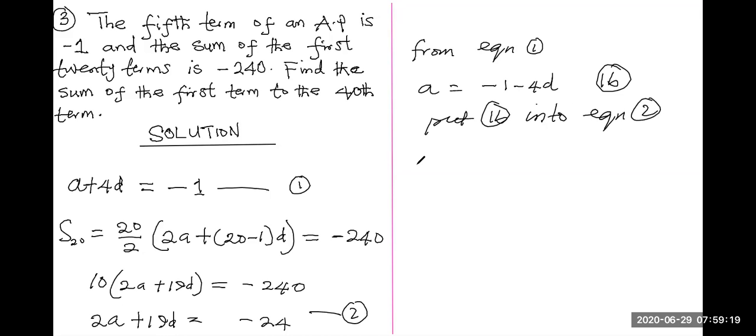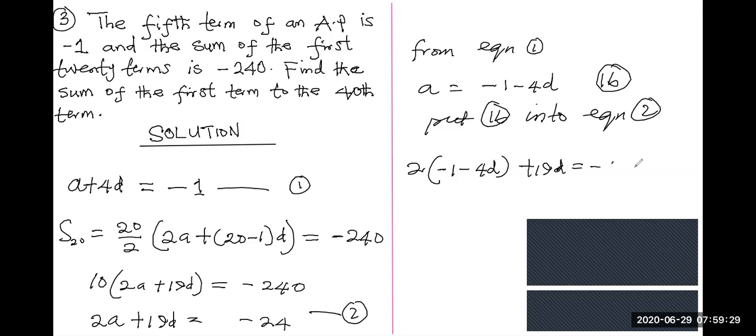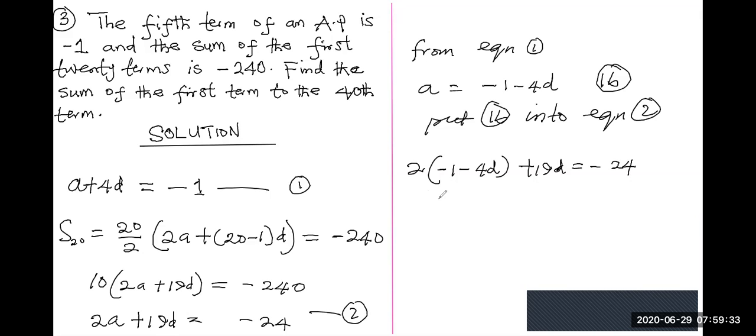You're going to have 2(-1 - 4d) + 19d = -24, which gives -2 - 8d + 19d = -24.